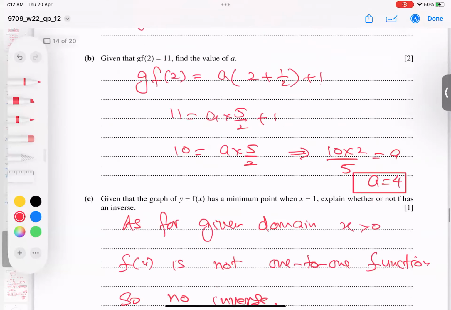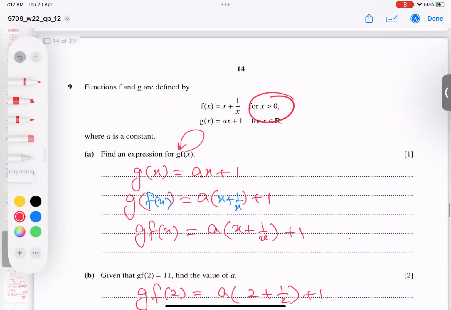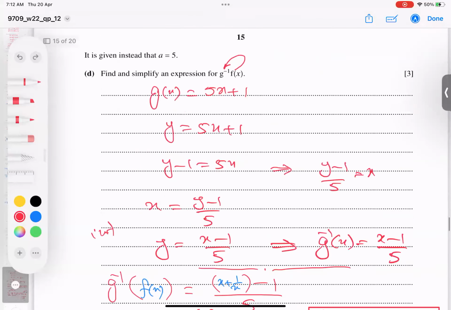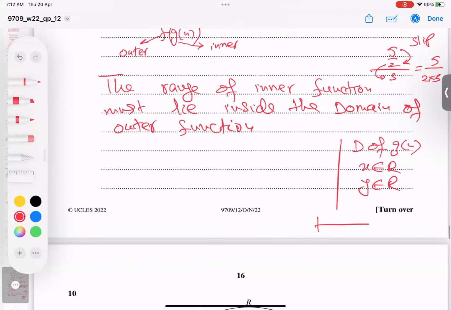But what is the domain of that function? Domain is x is bigger than 0. The x value is bigger than 0. This is the domain. What is the range of the inner function? The range of the inner function is real numbers. You know what real numbers are, students?